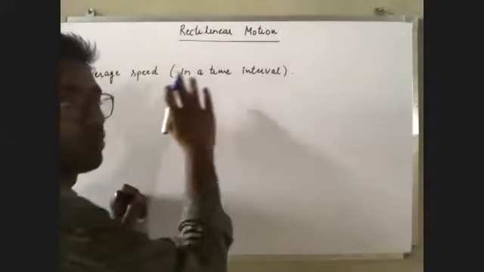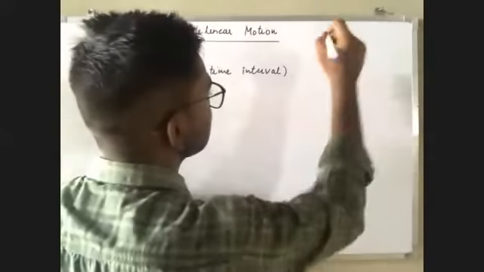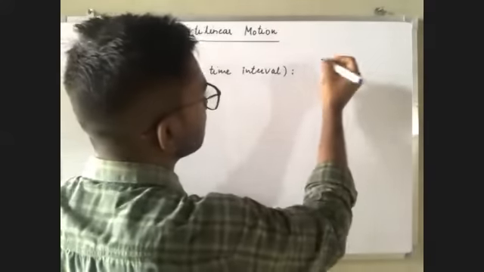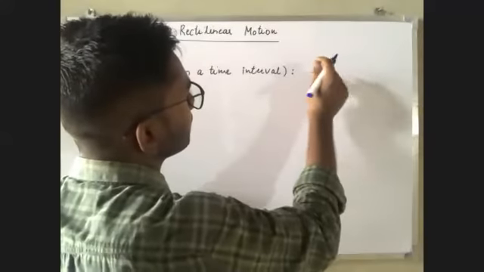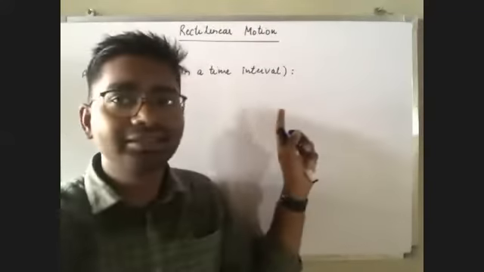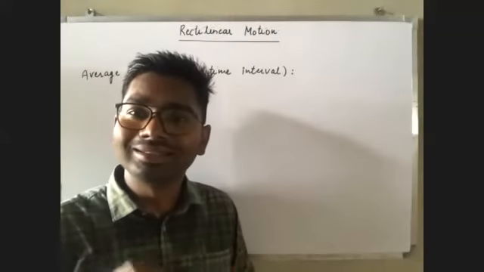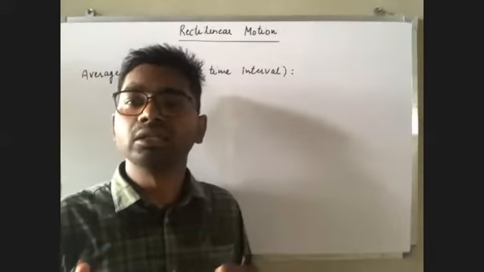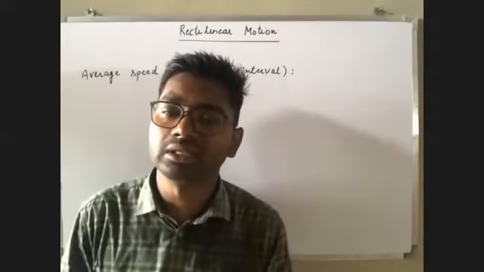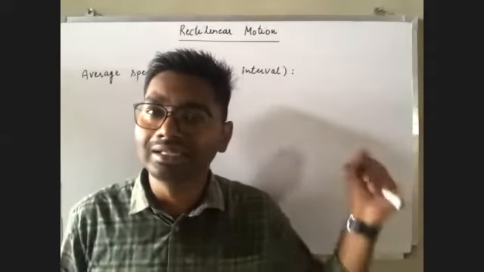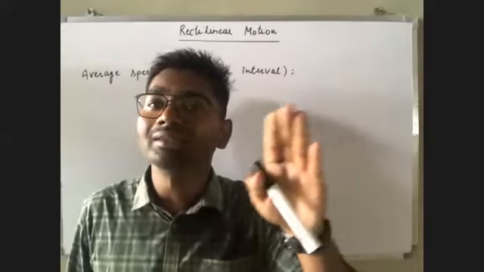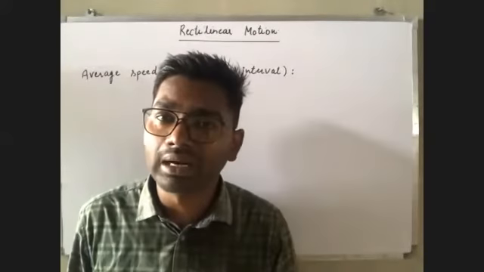So can I say that average speed is the total distance traveled by the particle divided by total time taken? In this one, it will be total distance traveled or total path length covered by the particle.